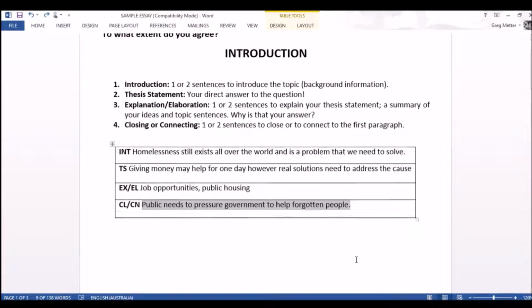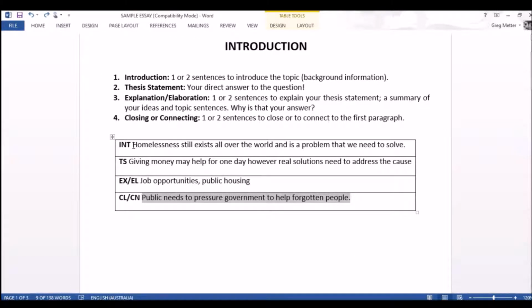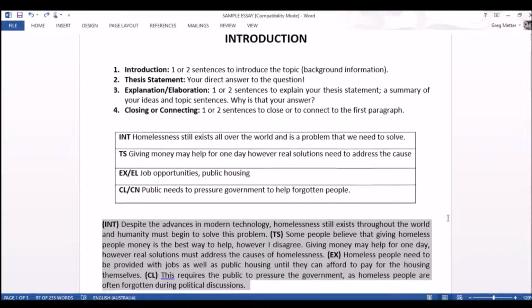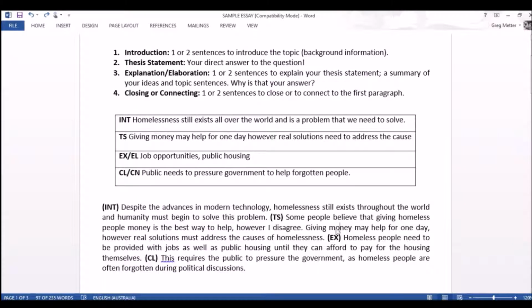Okay. Now we will see how these 4 boxes become your introduction. And here it is. As you can see here, where you can see the black letters, this is the same as the black letters here, the bold, okay? Just so you can see where the structure is.